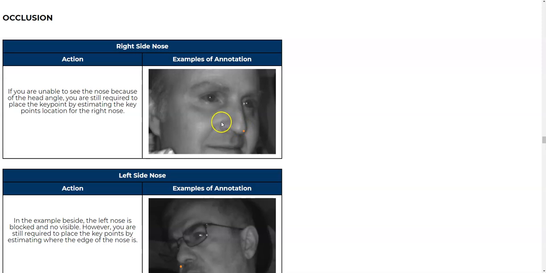So use your best estimation. If the left side of the nose is here, then the right side would be around here. So make your best estimation and annotate the key point for the right side nose, which is not visible in this image.